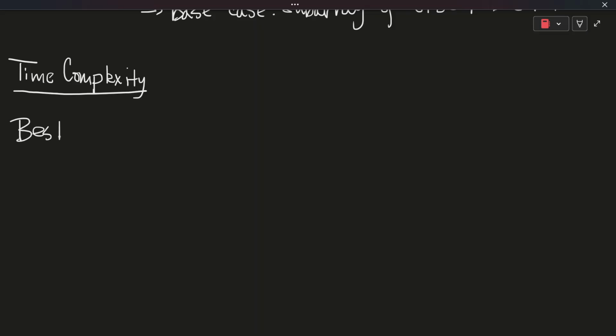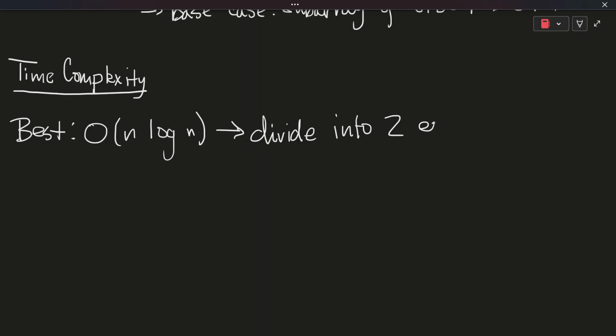So, the best case for the time complexity, do y'all remember what that is? O of n log n. And this happens when at the pivot you divide into 2 equal halves.